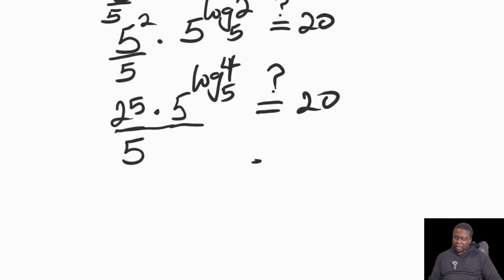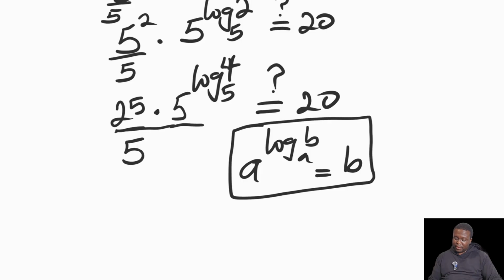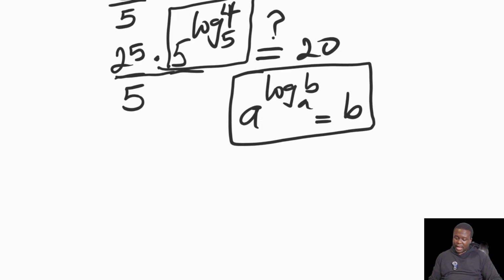Now we know that a raised to the power log of b base a is the same thing as b. So let's apply this formula to this section of the equation. And so we have 25 divided by 5 times 4.